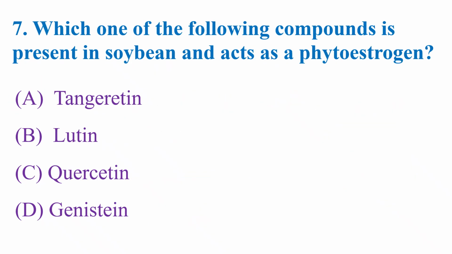Question number 7. Which one of the following compounds is present in soybean and it acts as a phytoestrogen? Tangeritin, lutein, quercetin or genistein? So correct option is D, that is genistein. So this genistein, it is a phytoestrogen.